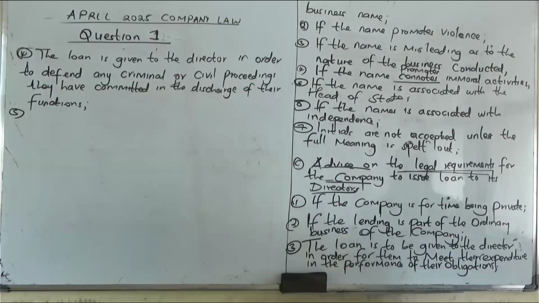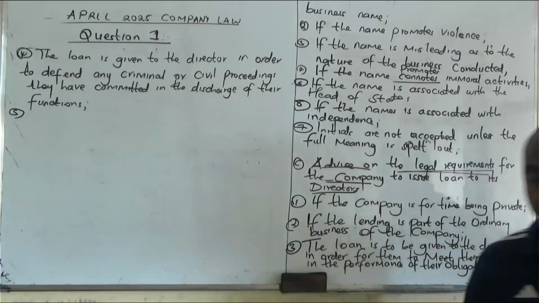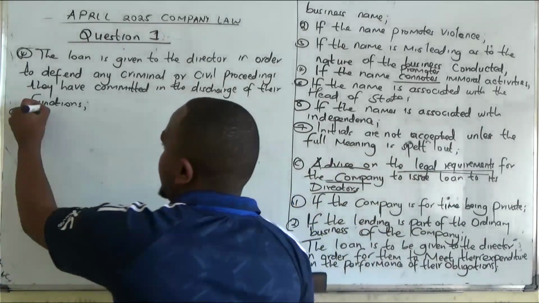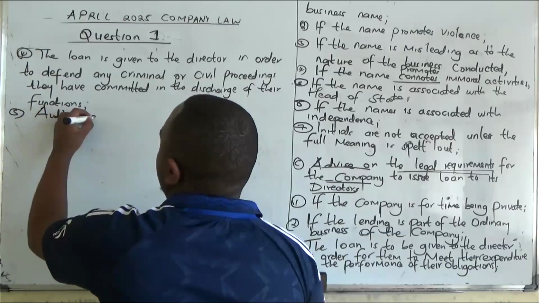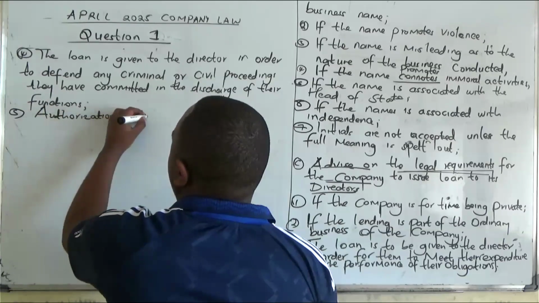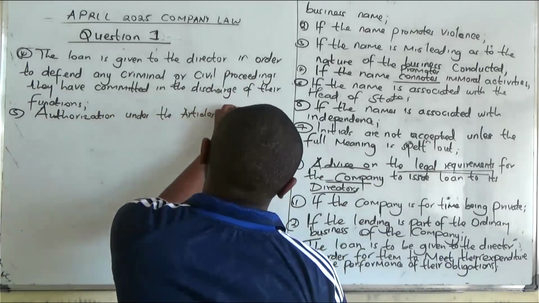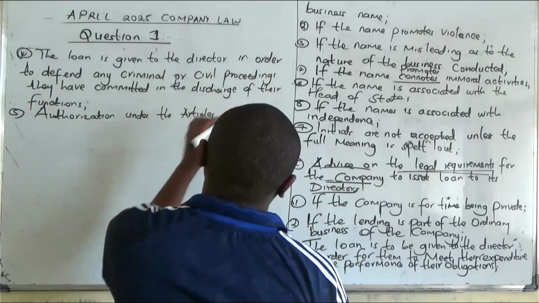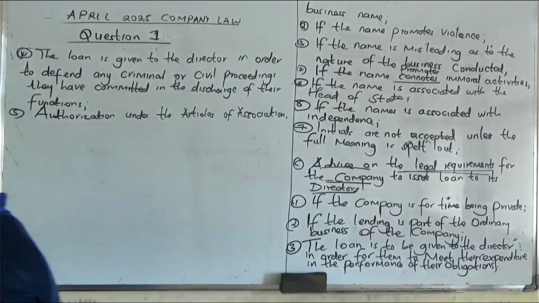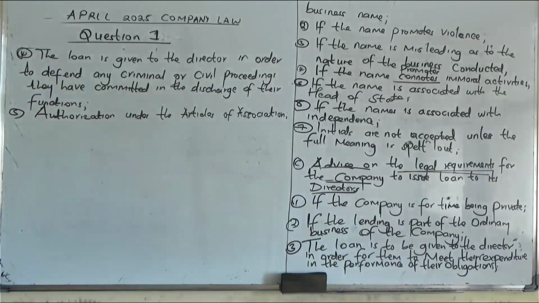This one is so specific to that situation. The internal constitution, the Articles of Association, must approve it, or it must have a provision on giving the loan to the directors. That question is a direct question from our notes.